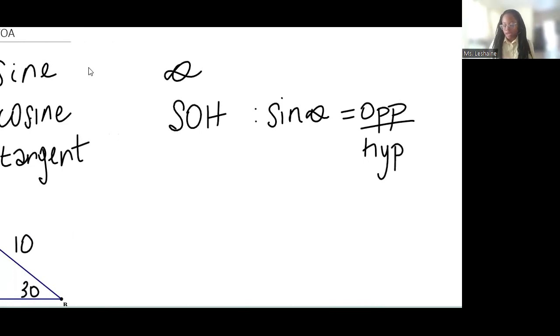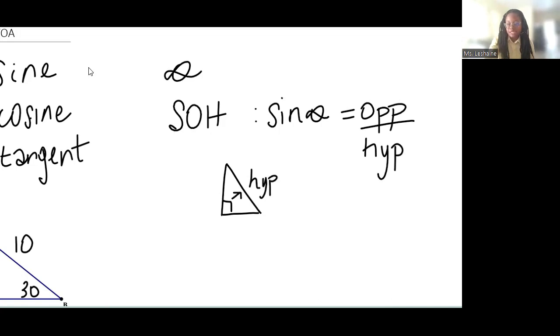Now, opposite and hypotenuse are words taken from the right angle triangle, and SOH CAH TOA only works for right angle triangles. So if I have a right angle triangle, not drawn to scale, of course, the side opposite to the right angle is always my hypotenuse.